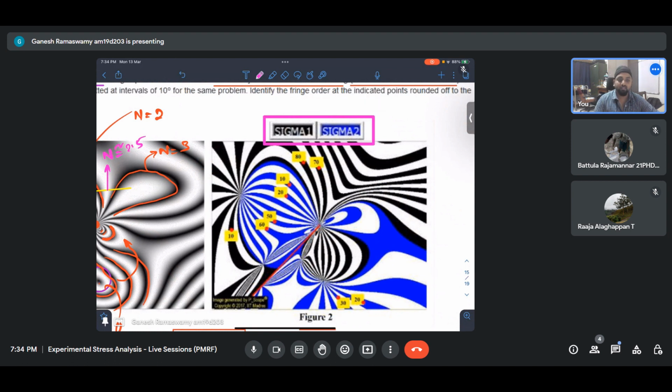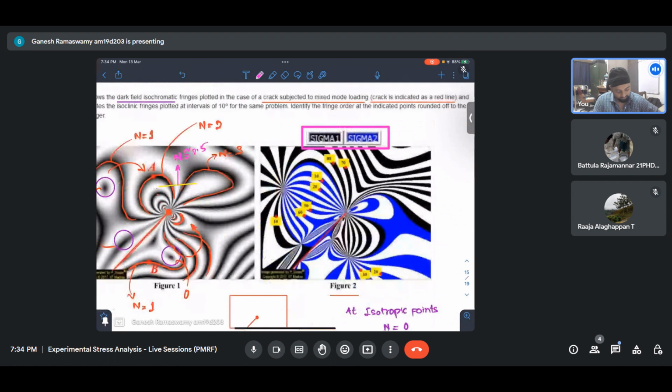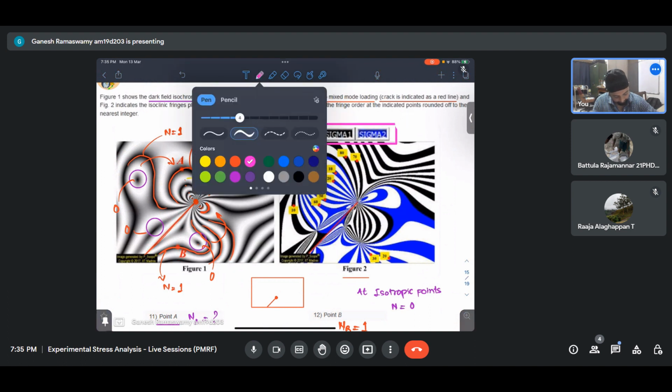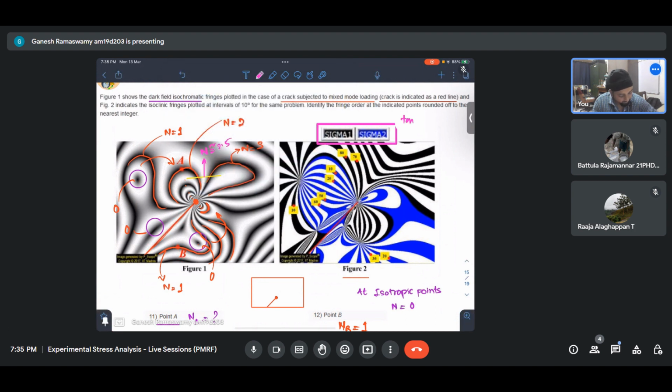theta p, from theory, what do we know about theta p? tan 2 theta p is 2 tau xy by sigma x minus sigma y. So theta p you can only get by taking the inverse tan function.